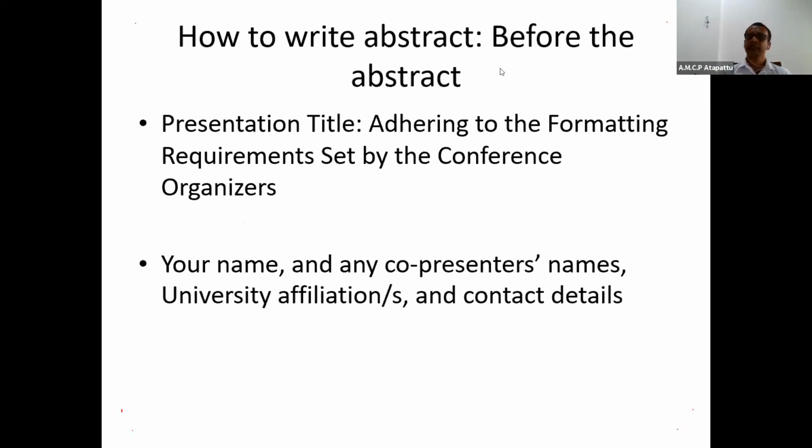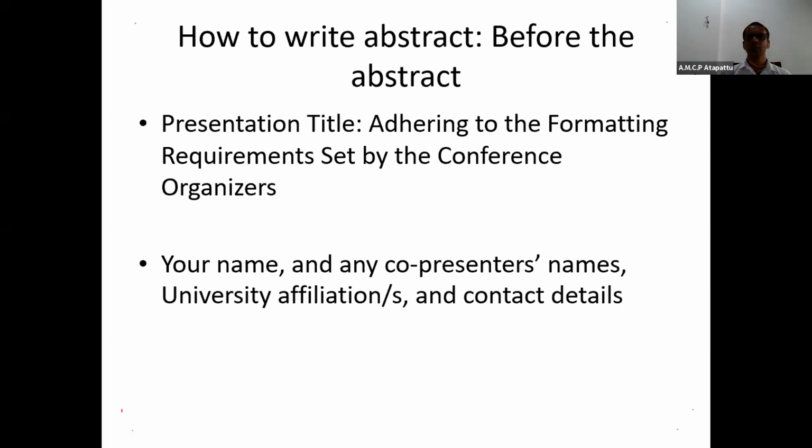Right, next one, when you are writing your research abstract, you can follow it like this. Before starting the abstract, include your title. In your research paper, at the top of the paper, you write the research title. When you write the research title, normally in APA format, we use bold and capital, that is uppercase, centered, and normally font size 14.